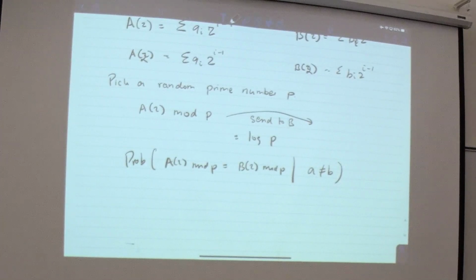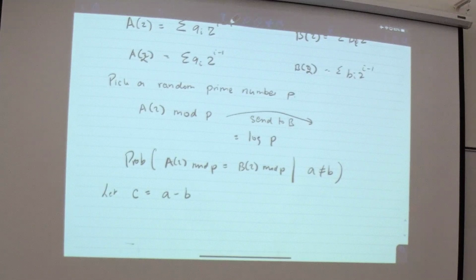So here's the claim. Let, as before, C be equal to A minus B. And we know C is not 0. When will that bad event happen?